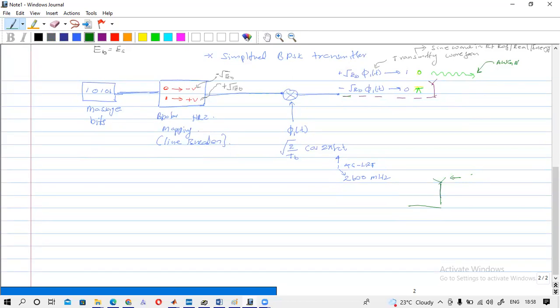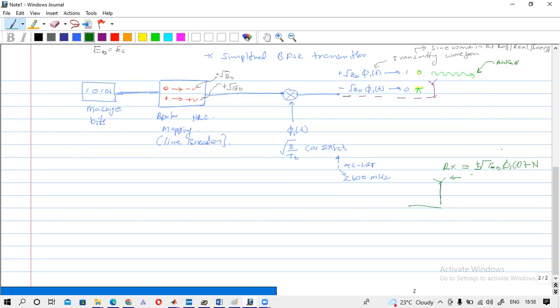This will be the transmitted signal, plus or minus root EB phi 1(t), and some noise will be added to this signal. This will be the received signal at the receiver, let's say Rx.